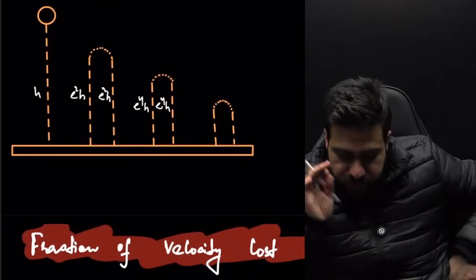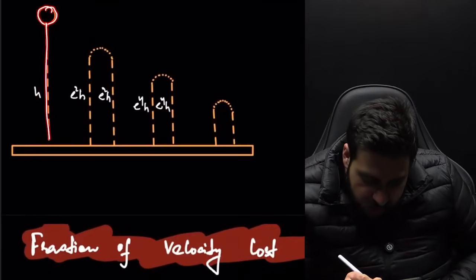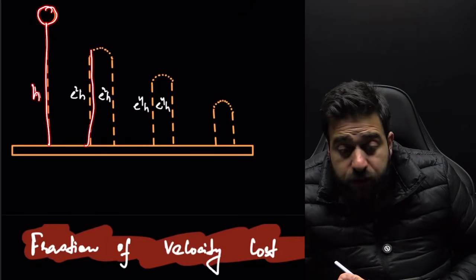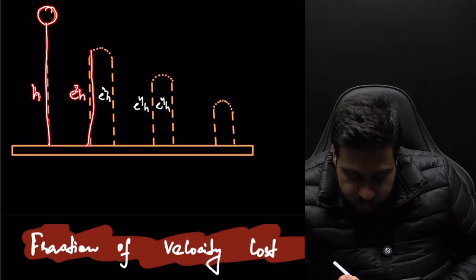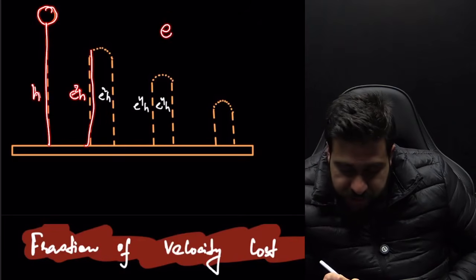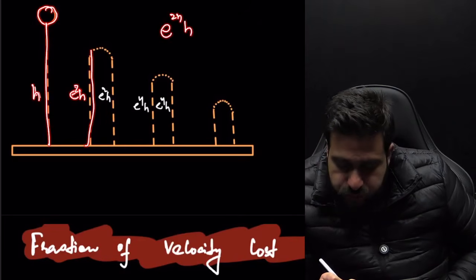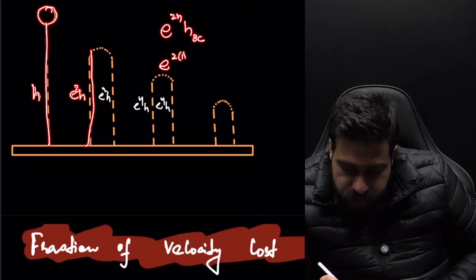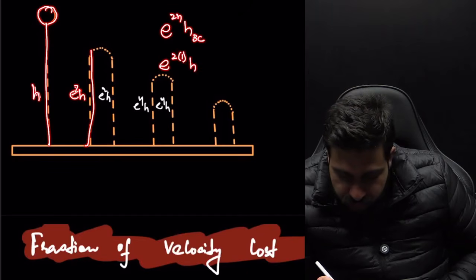See, guys, let's suppose this body falls, it covers height h. Then again it goes up. This is the height after first collision. How much is E square into h? I have told you E raised power 2n into h, height before collision. So E raised power 2 into n is 1, so height before collision is h.